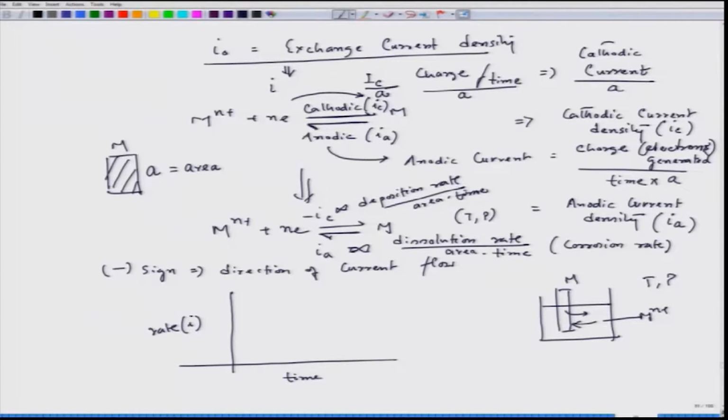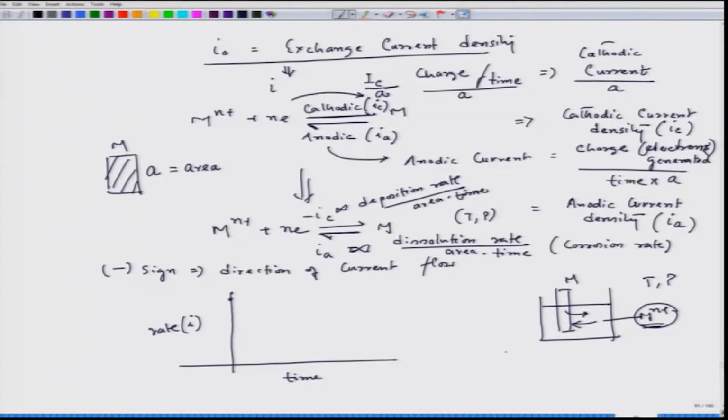Since metal ion concentration is very high in the beginning, there is a lot of supply of M^n+, so the rate of deposition would be very high. Then gradually this would deplete, but at the same time there would be dissolution also.